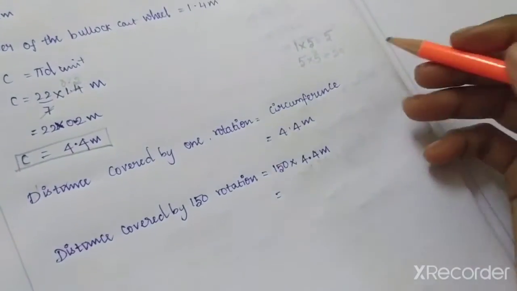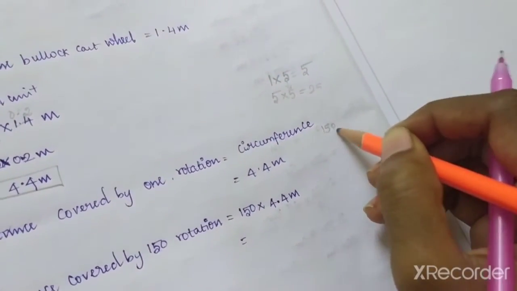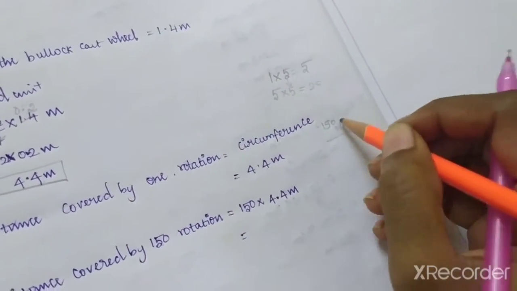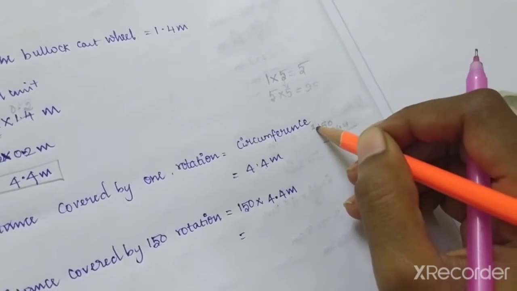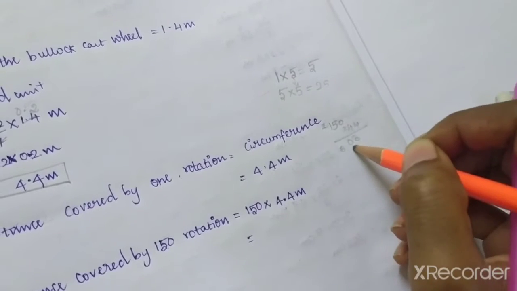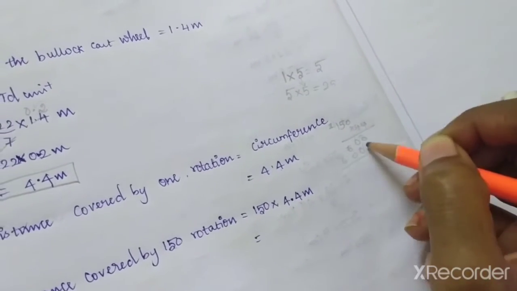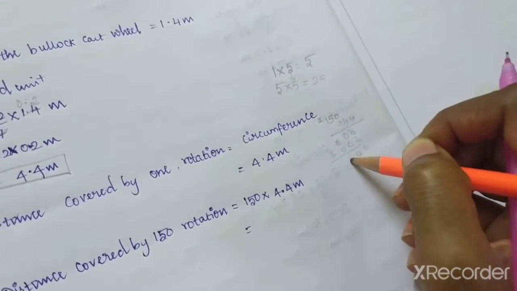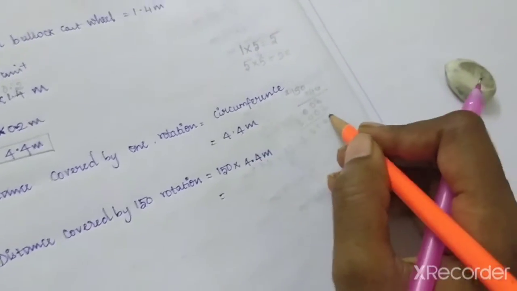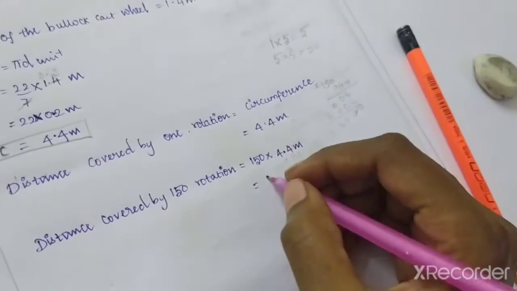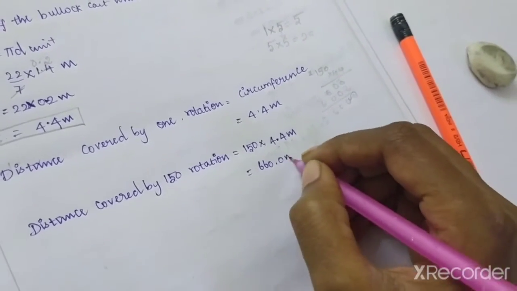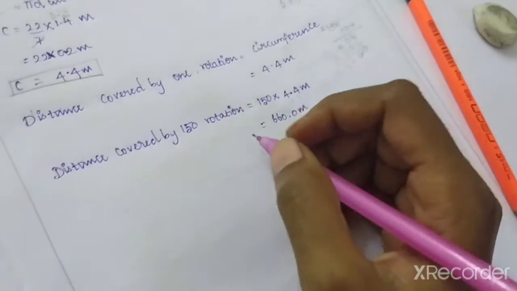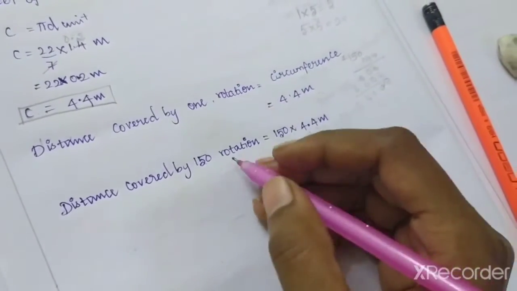That's the question. So 150 into 44. Later we will put a point. So 0, 20, so 2, 4, 6. Again the same number, right? So I can copy down as it is, 0, 6, 6. So how many points? 1 point. So 660.0 meter. Okay, so 150 rotations means how much?